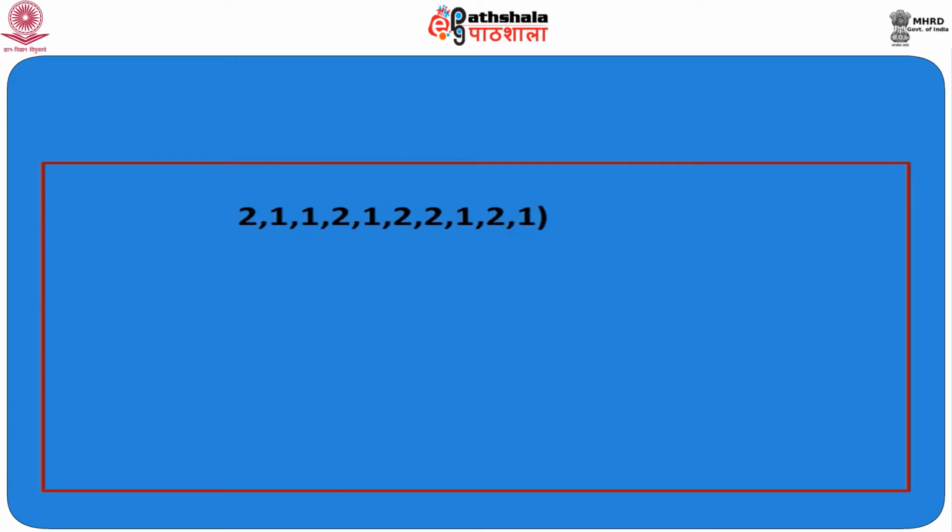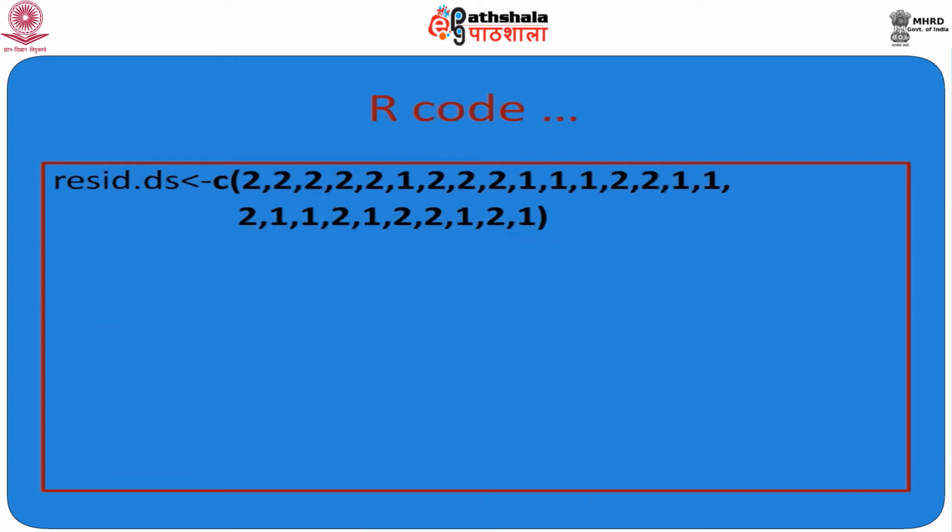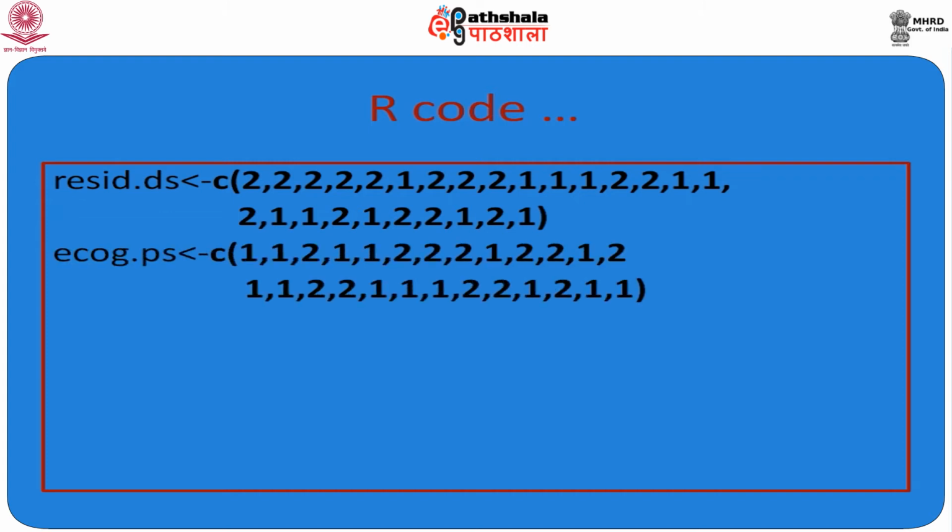Second, residual status as yes or no is given, as residual disease is one of the important factors for survival analysis. So residual disease is given as 1 for no and 2 for present. ECOG.PS is also given as 1 and 2. This is the performance score of those patients.